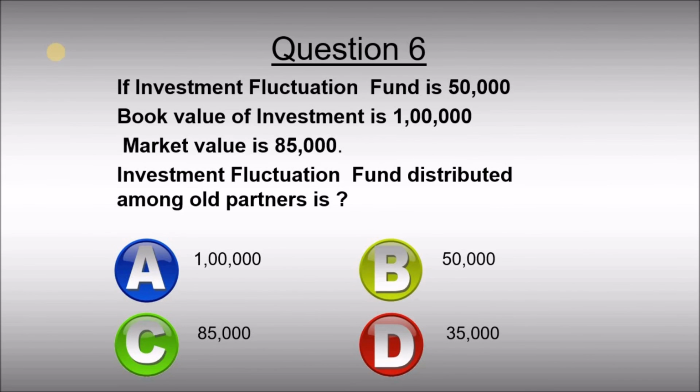Now let us see question number 6. If investment fluctuation fund is 50,000, the book value of investment is 1 lakh, the market value is 85,000. Investment fluctuation fund distributed among all partners is A 1 lakh, B 50,000, C 85,000, D 35,000. So your time starts now.